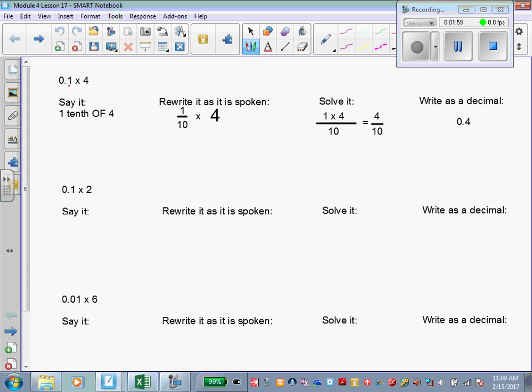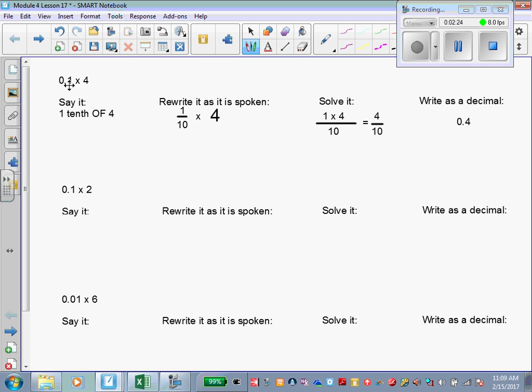But this one is in the tenths place, so we say 1/10. And then this multiplication sign stands for what word? Of. And then 4. So 0.1 times 4, another way to say that and say it correctly is 1/10 of 4. Everybody follow me so far?